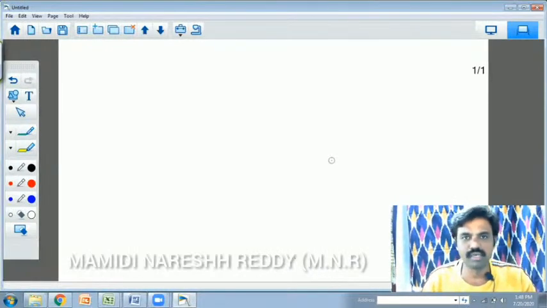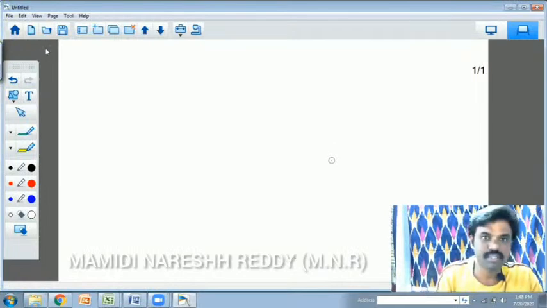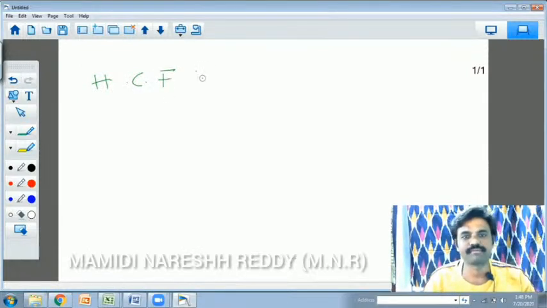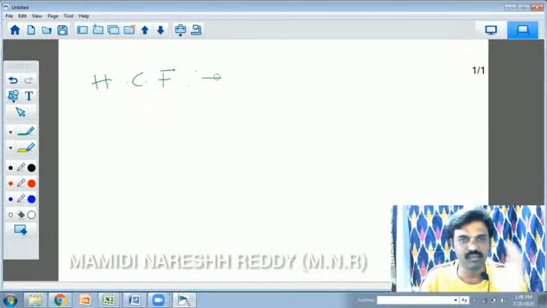Let's see what is the highest common factor. What is H.C.F? H.C.F is the largest positive integer which divides two or more given numbers without remainder. Without remainder means with remainder 0.